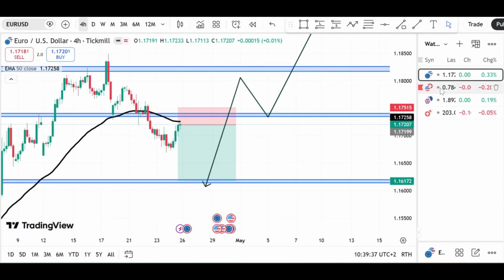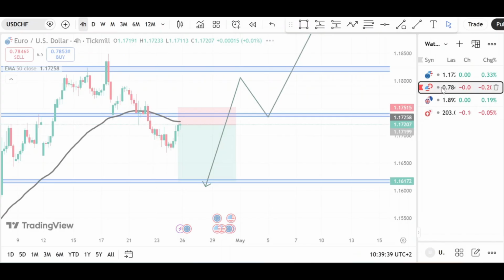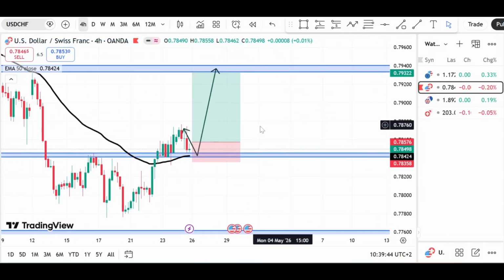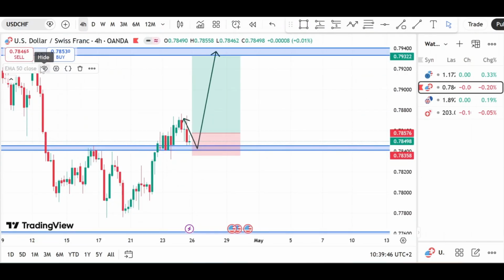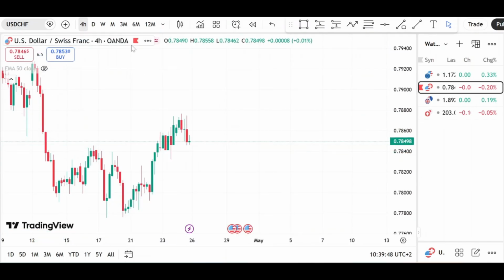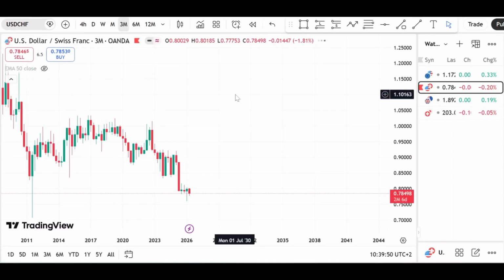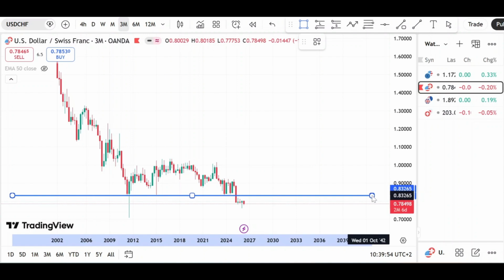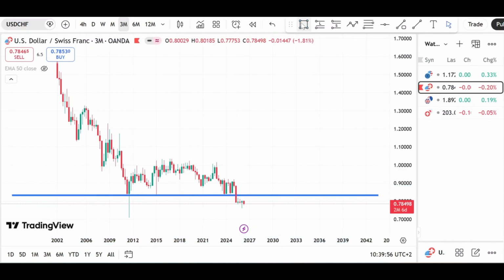Let's go to the next pair, USD CHF. I'm looking for a buy. And so let's remove those levels and see why I'm looking for a buy. Okay, now as you can see, this is a 3-month zone.